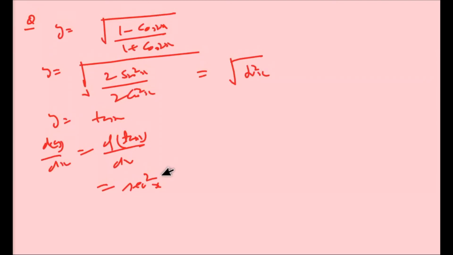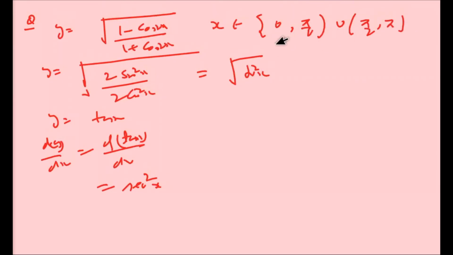In the question, the domain, the value of x, is always given. Let x belong to 0 to pi by 2 union pi by 2 to pi.